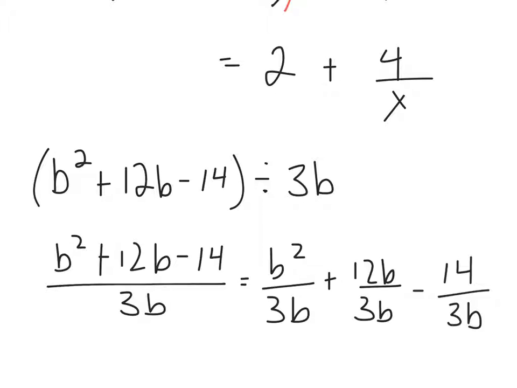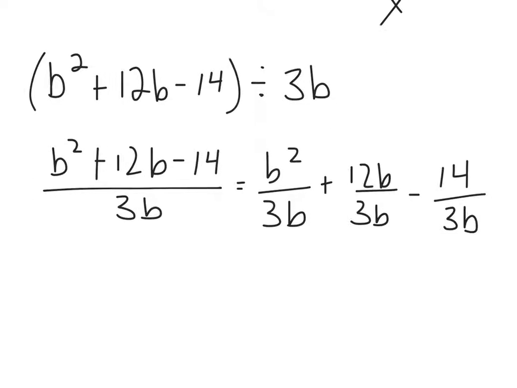Now we simplify as much as possible. And in the first piece, the b and the b squared will cancel, leaving me with b on top. Yes? Okay, that gives me my first term as b over 3. Now I'm going to add, and what comes next is the b's cancel.